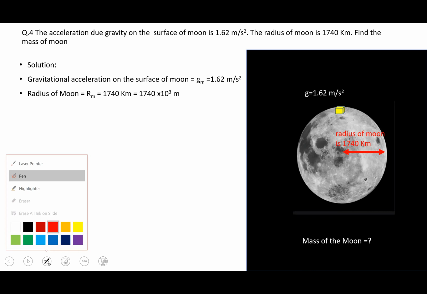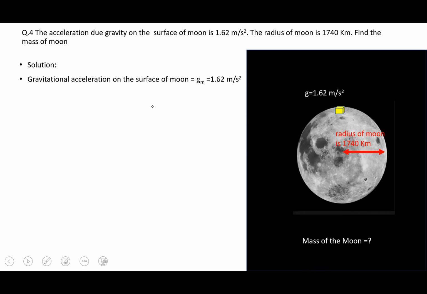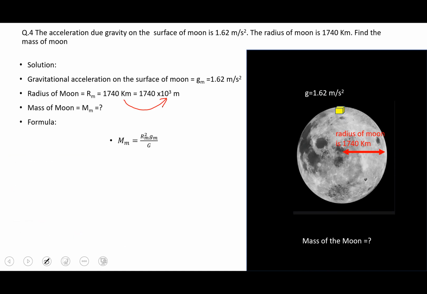Again, I have converted kilometers into meters so that it is represented in SI units. Now we have to find the mass of the moon. The formula is: mass of the moon is equal to g into r squared divided by capital G.